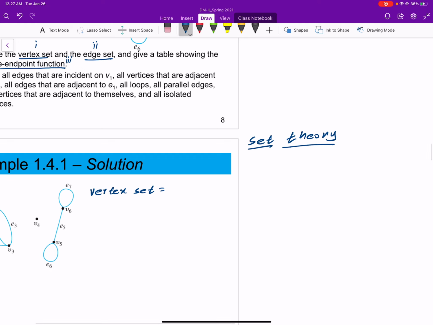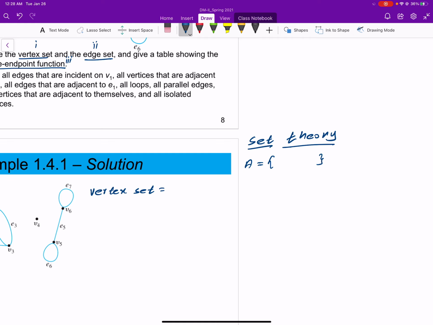If it is a set, you have to represent it inside curly brackets. Let's say A is a set, then you represent the elements of A inside curly brackets.